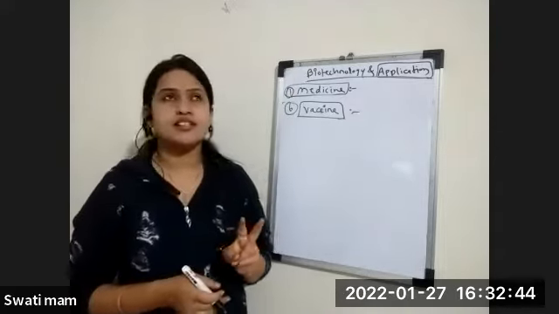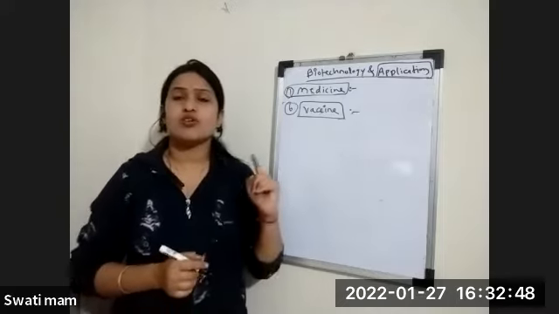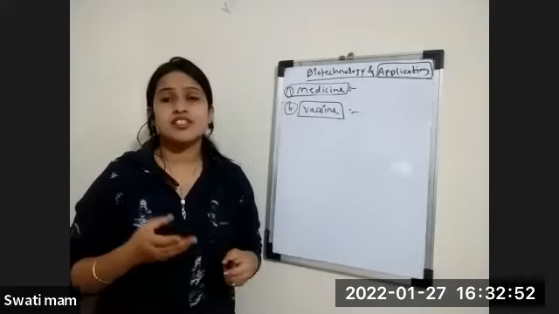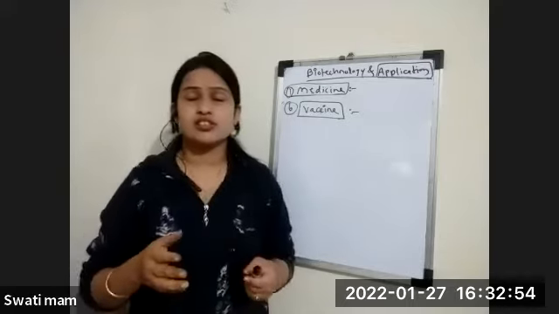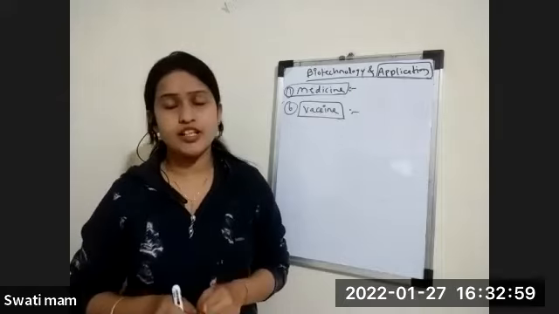That immunity has two types: acquired immunity and innate immunity. Innate immunity is that which is present from your birth.